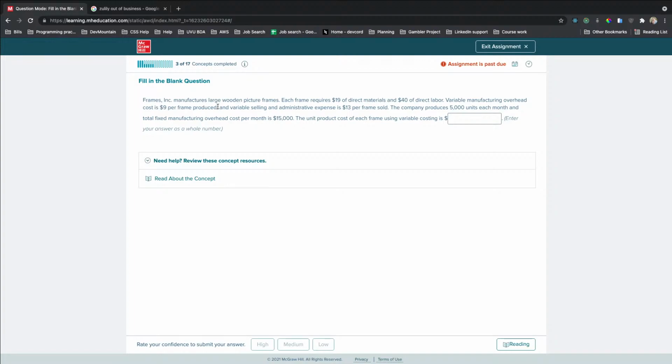The company produces 5,000 units each month, with $15,000 of fixed overhead. The unit product cost of each frame is $68.